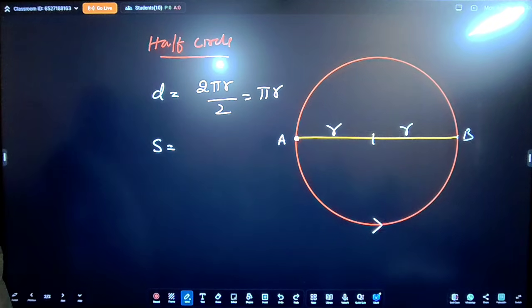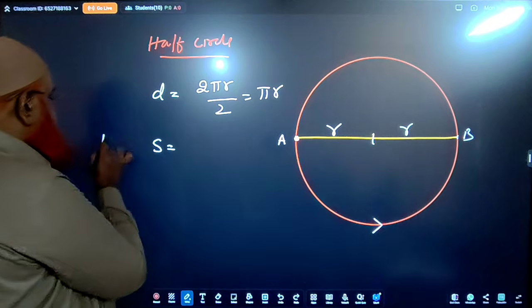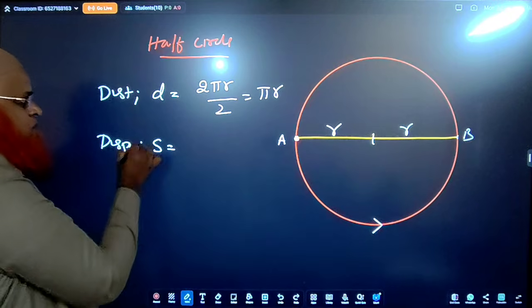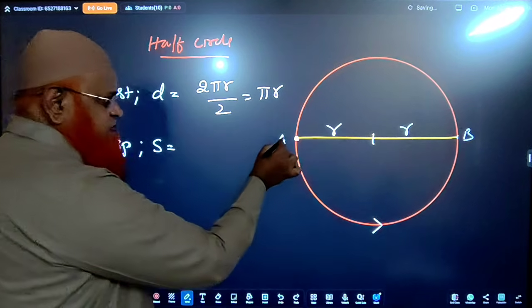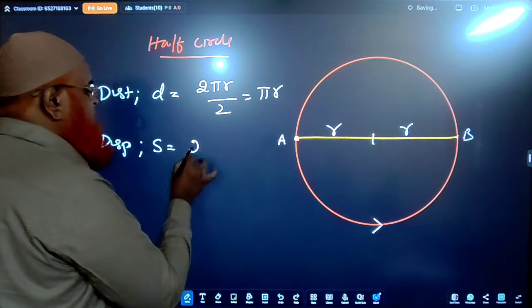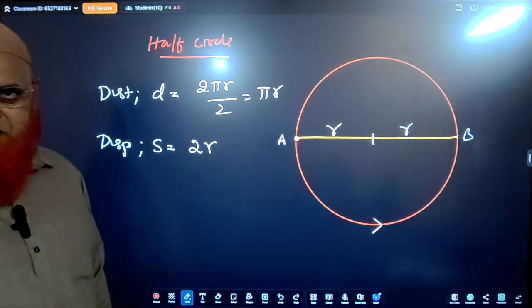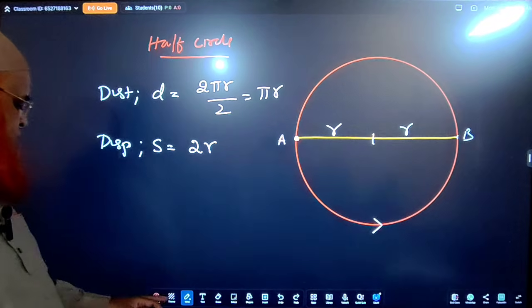And what is going to be the displacement? We got the distance, which is pi r. Displacement is this straight line, which is nothing but 2r, r plus r. This is for a half circle.